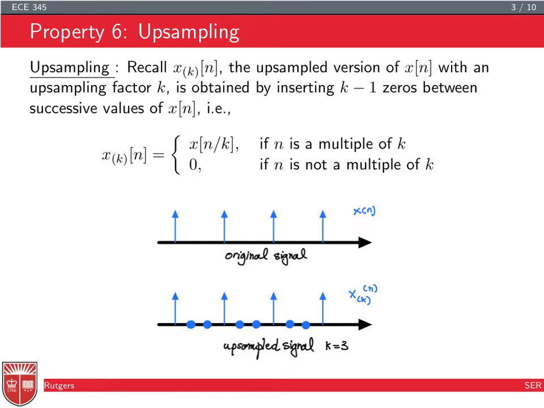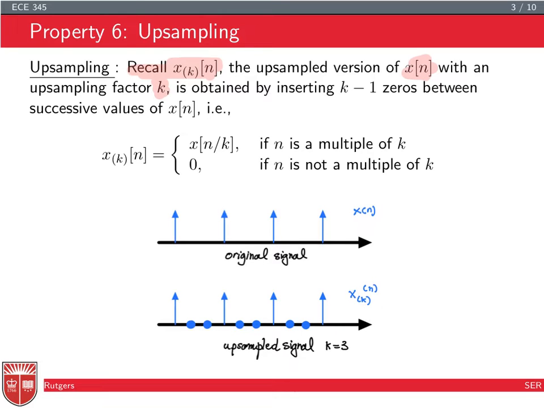That's just the notation. We denote the upsampled signal with upsampling factor k by x subscript k. This would be the upsampled version of x of n with upsampling factor k.